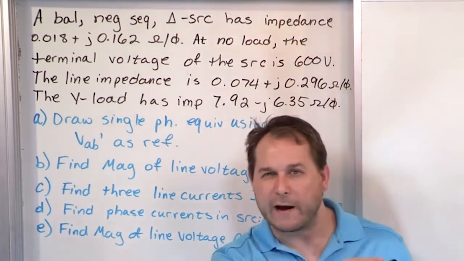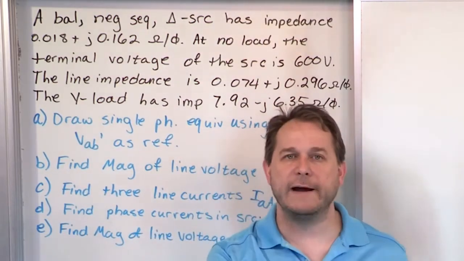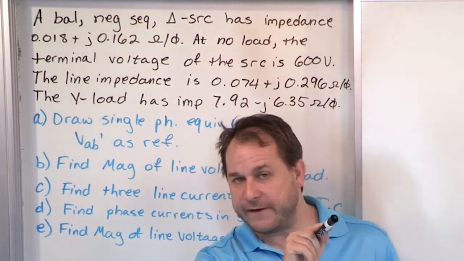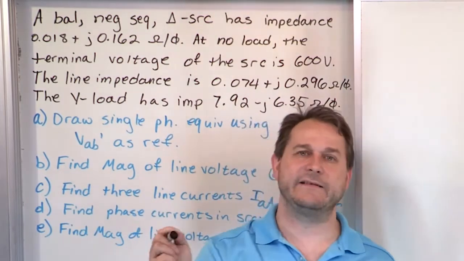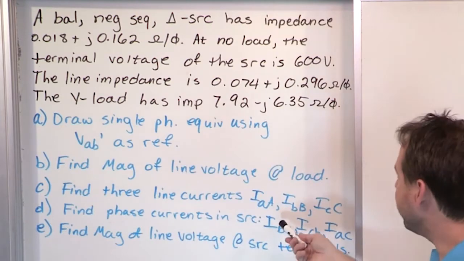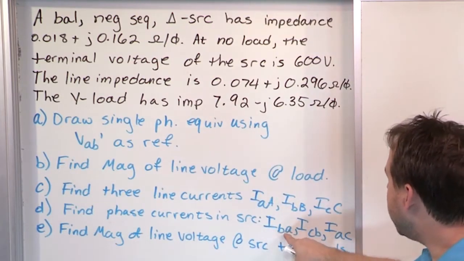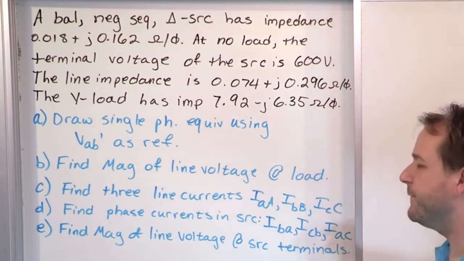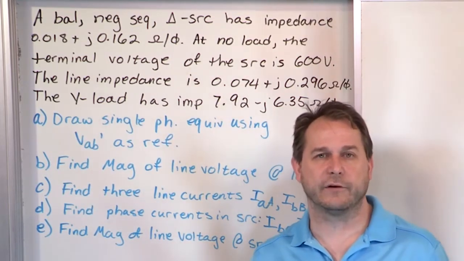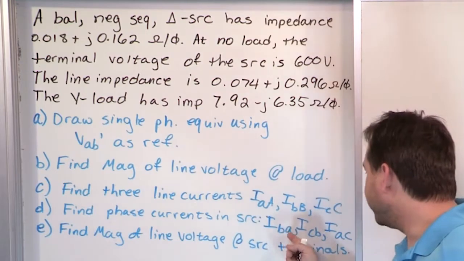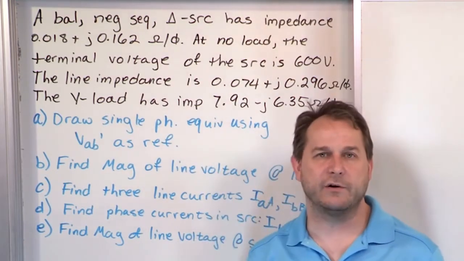And then we'll find the phase currents in the source. Remember there's a triangle. The delta source is a physical triangle, right? So we want to find the phase currents, which are present in these 3 legs of that triangle. And we have them labeled here: I_BA, I_CB, and I_AC. If you remember, we talked about this in the last section and also previously. In a delta source, the subscripts for the currents circulating around that triangle are flipped around.